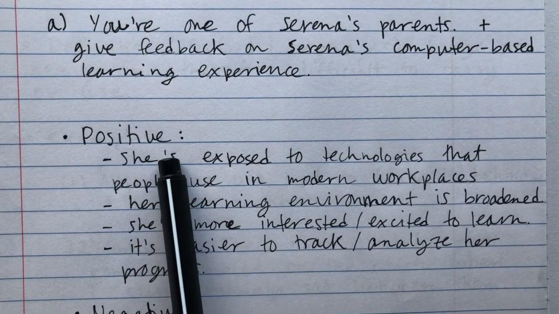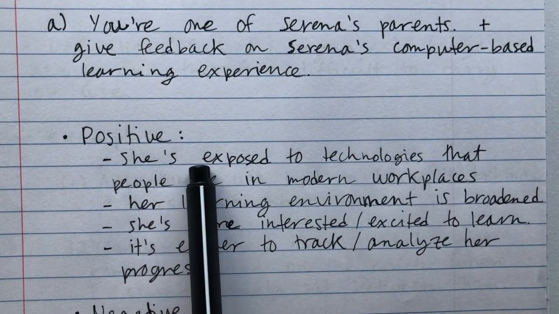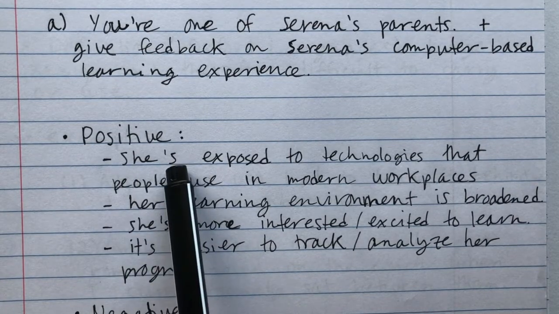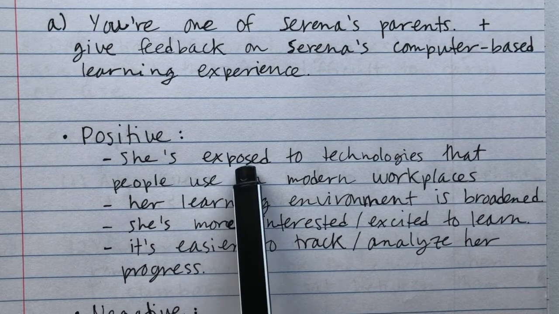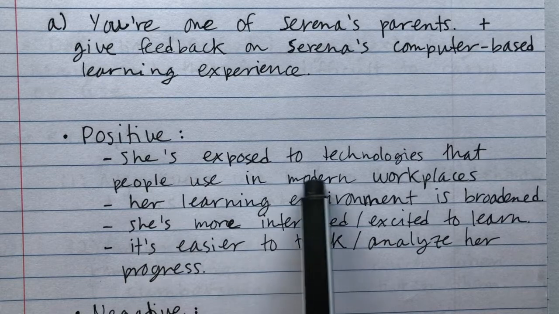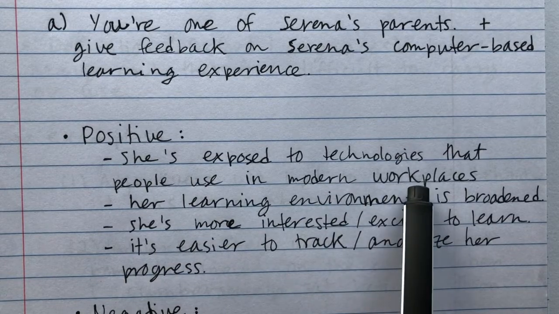So if you pretend that you have a child and your child is learning with computers, what are positive things? A first positive thing is that the child, in this case Serena, is exposed to technologies that people use in modern workplaces, okay?